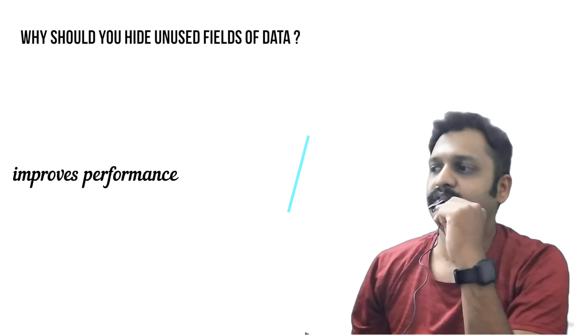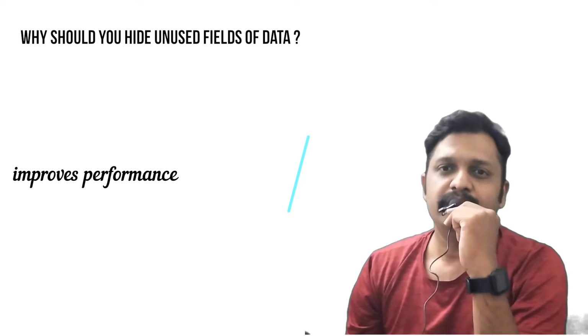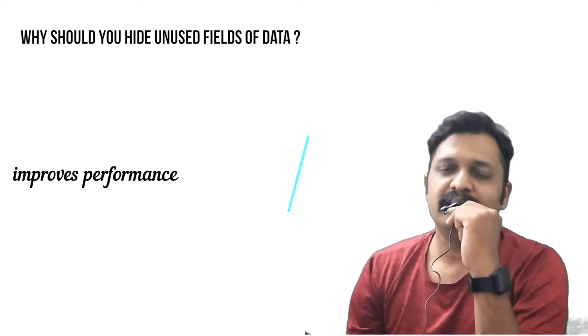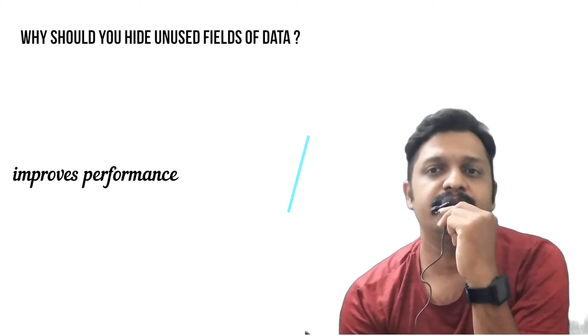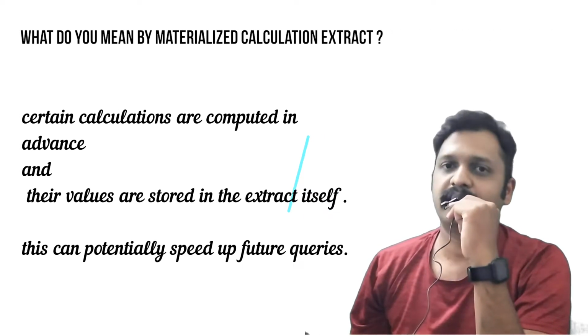Next question. Why should you hide unused fields of the data? You should hide unused fields of the data since this makes the extract smaller, which in turn improves the performance. Next question. What do you mean by materialized calculation in an extract?